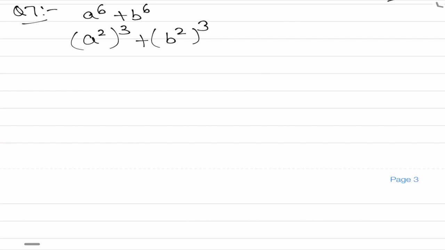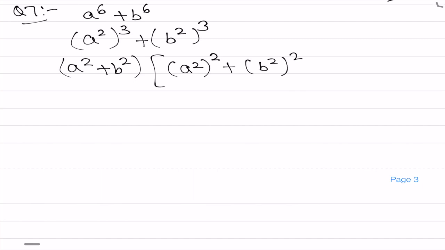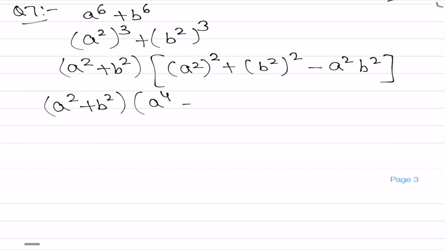So it becomes a square plus b square into a square whole square plus b square whole square minus a square b square. So the factors are a square plus b square as the first factor, and the second factor is a raised to the power 4 plus b raised to the power 4 minus a square b square. So these are the factors of the given expression.